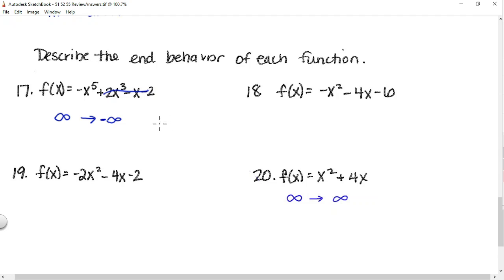Okay, so I'm going to write that a little bit better. And the way we put that in the notes, we call this down and up, meaning all the way to the left, your function is going down. But when you go all the way to the right on the graph, I wrote that backwards, sorry.